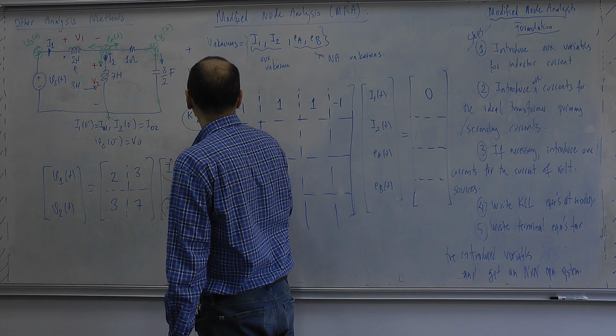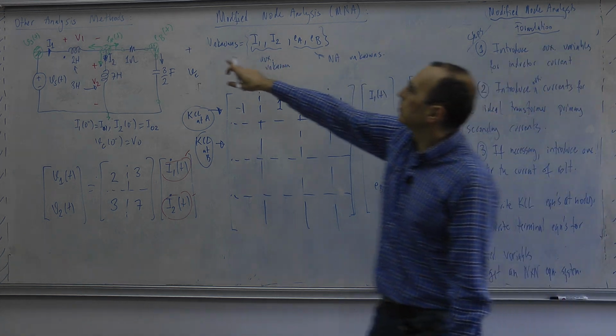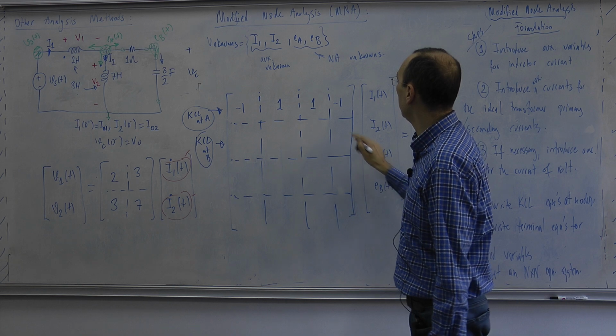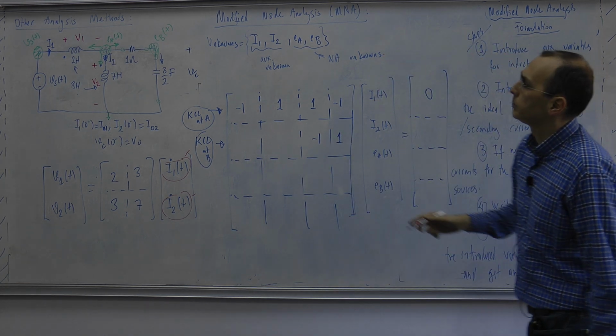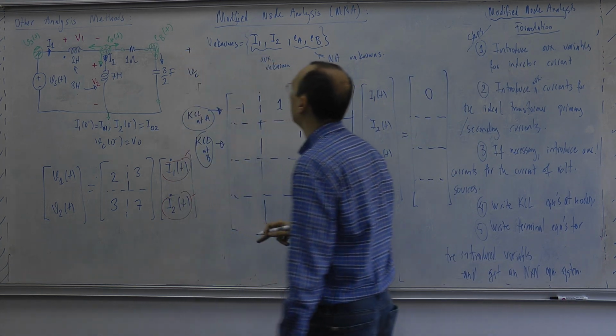KCL at B. This is EB minus EA divided by 1, and then plus 3 over 2 derivative of VC.